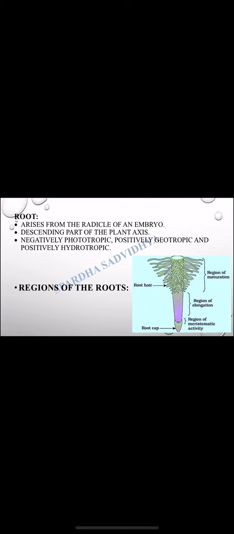Above this is the region of maturation. After elongation, the cells differentiate and mature. Some cells in the region of maturation grow thread-like structures called root hairs.